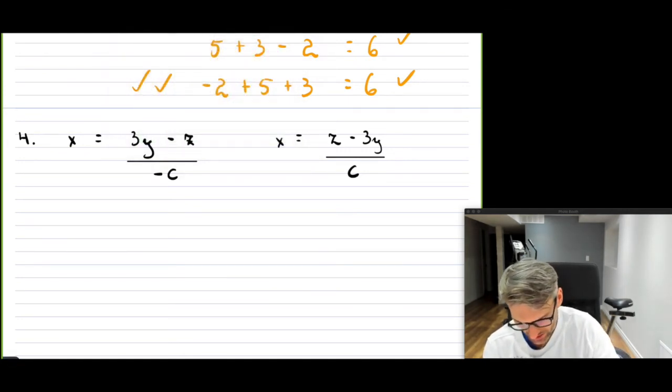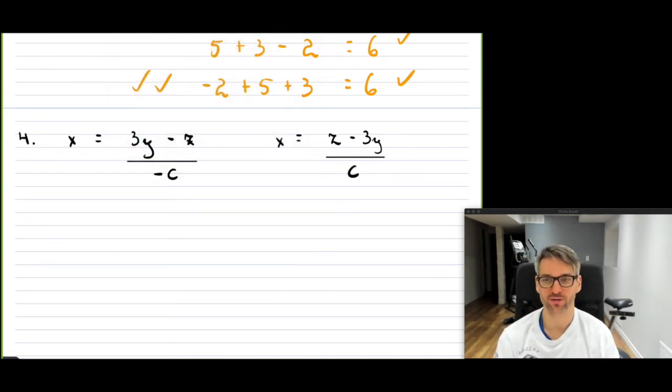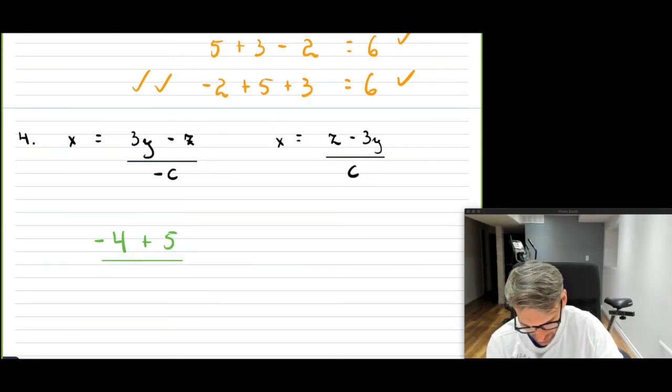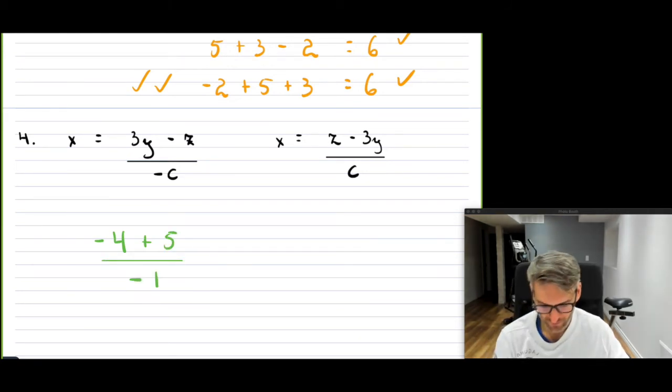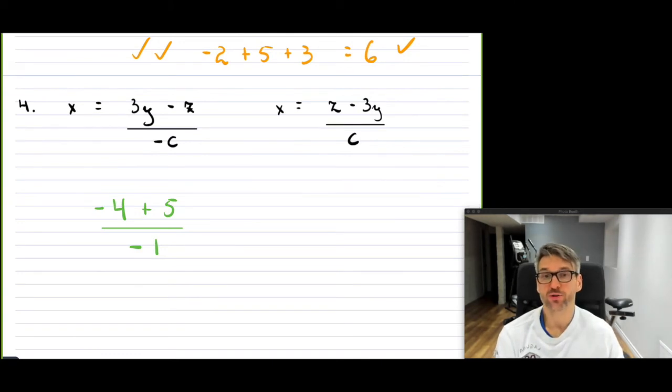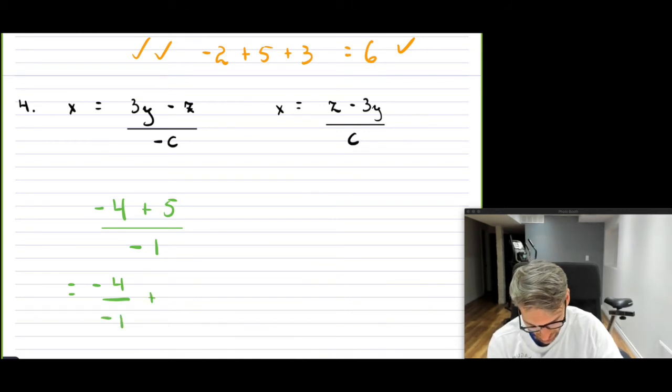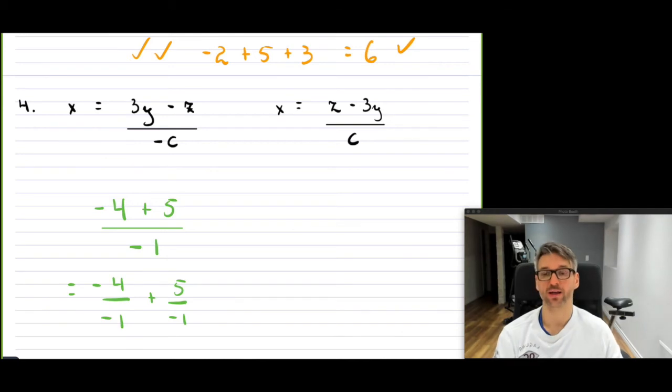So for instance, if I gave you a fraction and it said negative 4 plus 5 divided by, let's say, negative 1, you should understand that really, this is just saying plus 5 and minus 1, because that's the denominator.